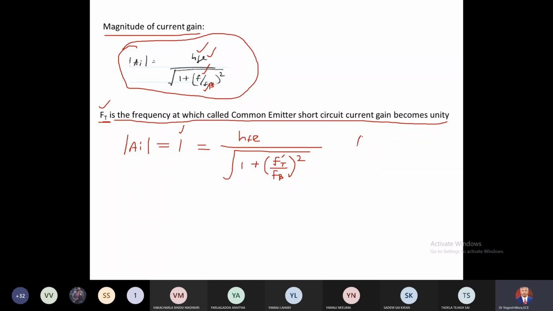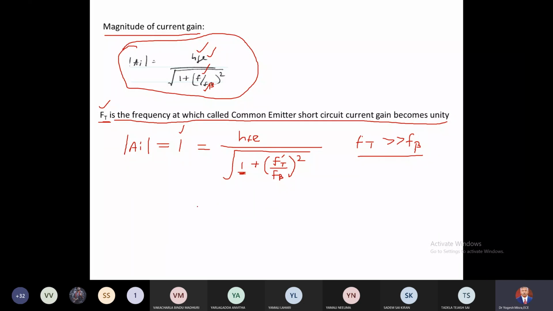And always remember, the value of this ft is greater than f beta. So if this is the condition, ft is greater than f beta, this term one you can neglect.